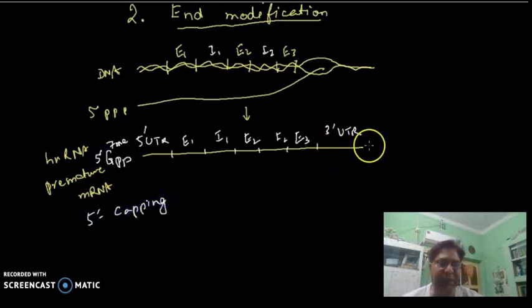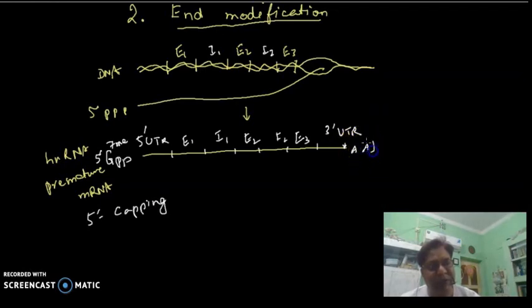And the 3' end also gets cleaved at certain positions. Maybe it gets cleaved over here. How it gets cleaved, we will talk about in detail. And then after the cleavage site, polyadenylation occurs.